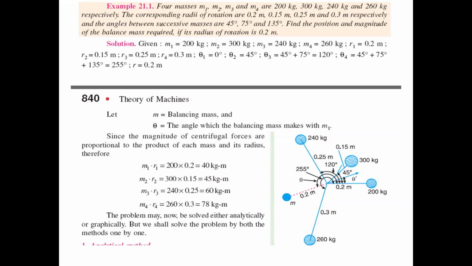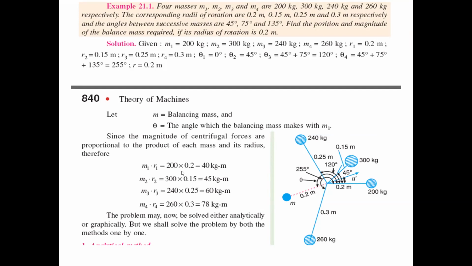This is solved with the graphical method and the analytical method also. So just observe our solution. Let small m be the balancing mass, and theta the angle which the balancing mass makes with m1, that is the direction, how much angle is maintained with reference to the m1 mass.